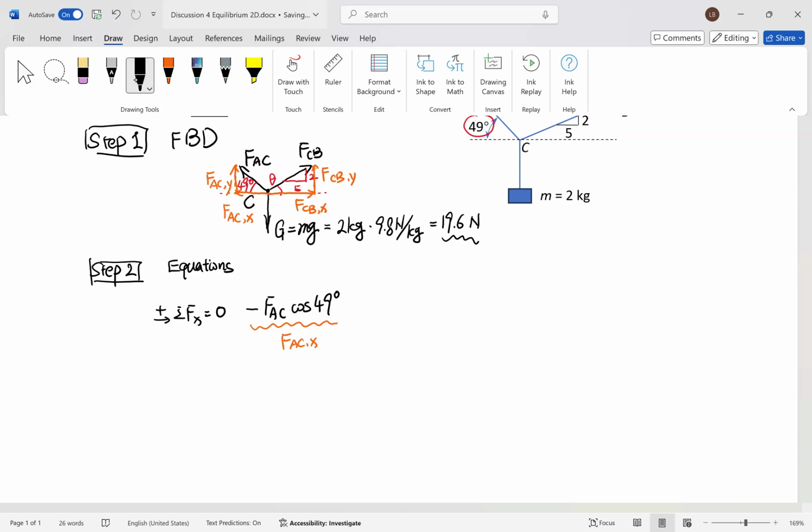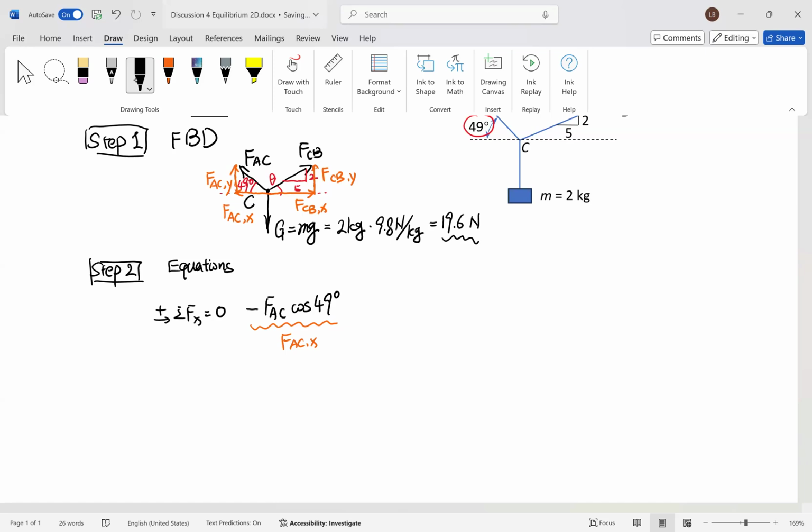Okay. In addition to FACX, what else do we have? We have FCBX. So how can we evaluate FCBX? We see that FCBX belongs to a force triangle formed by FCBX, FCBY, and FCB, where FCBX is adjacent to the small angle theta here.